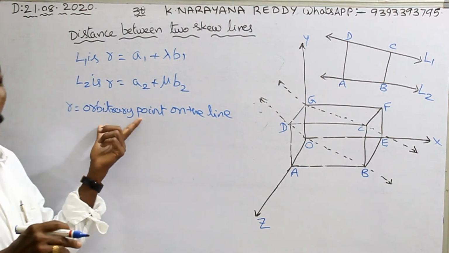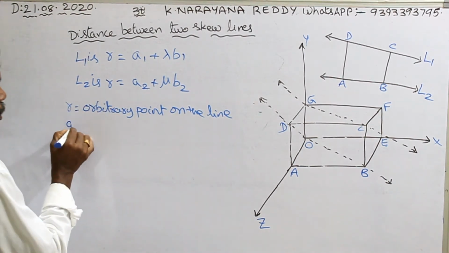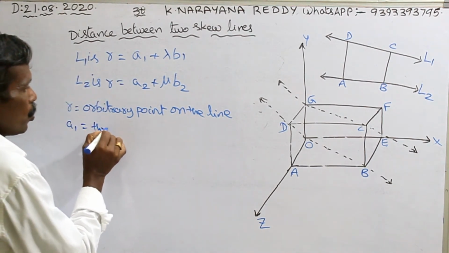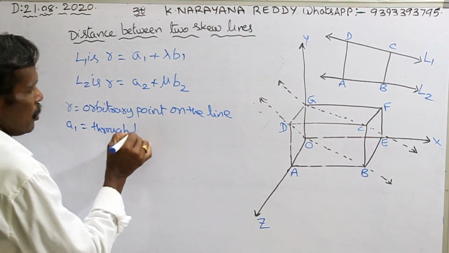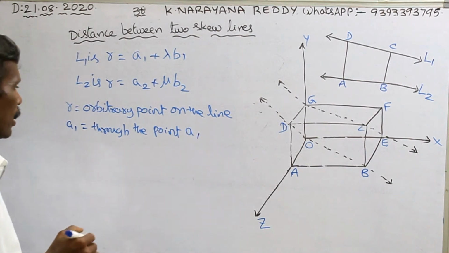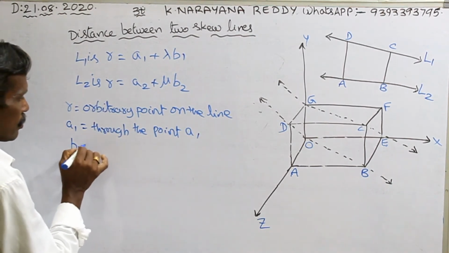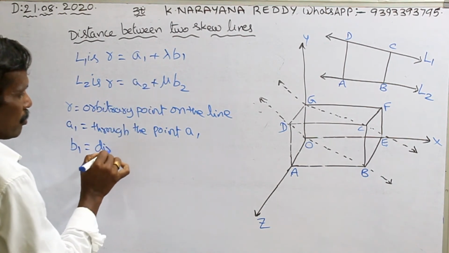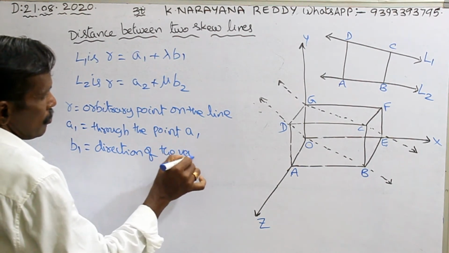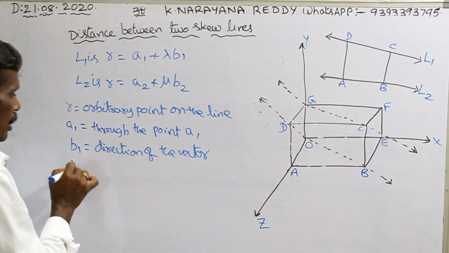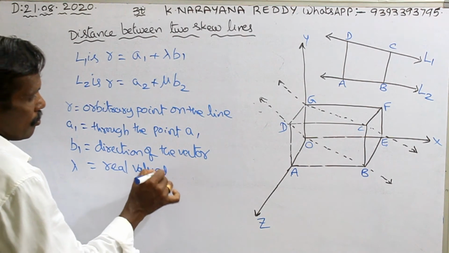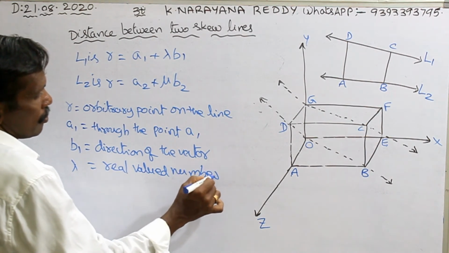This is the arbitrary point and a1 is the position vector, and the line passes through the point a1, okay, and b1 is the direction of the vector, and lambda is a real number, a real valued number.